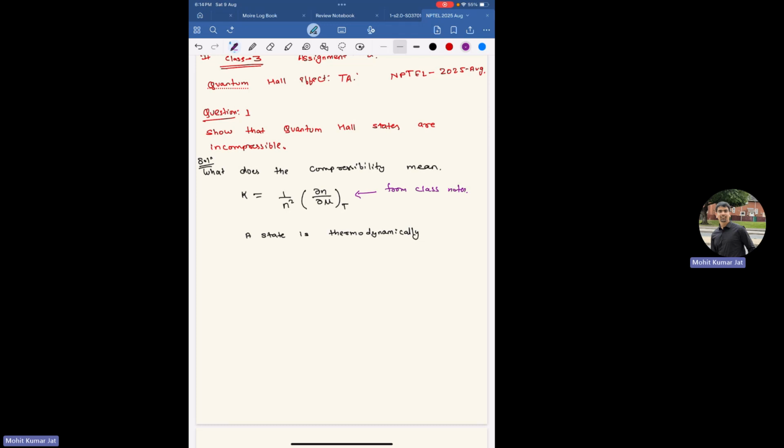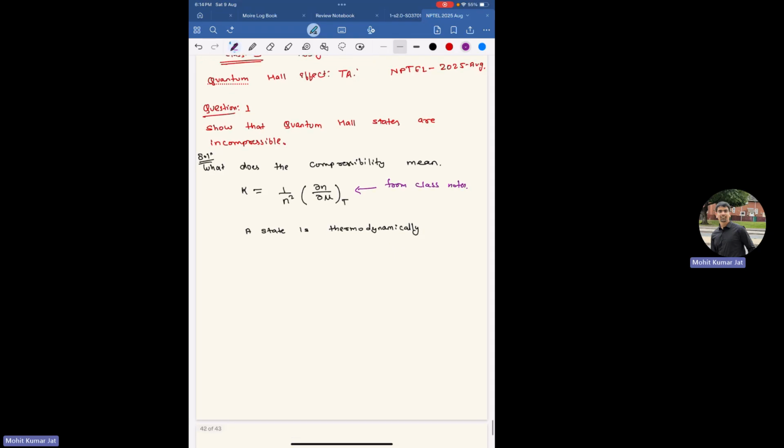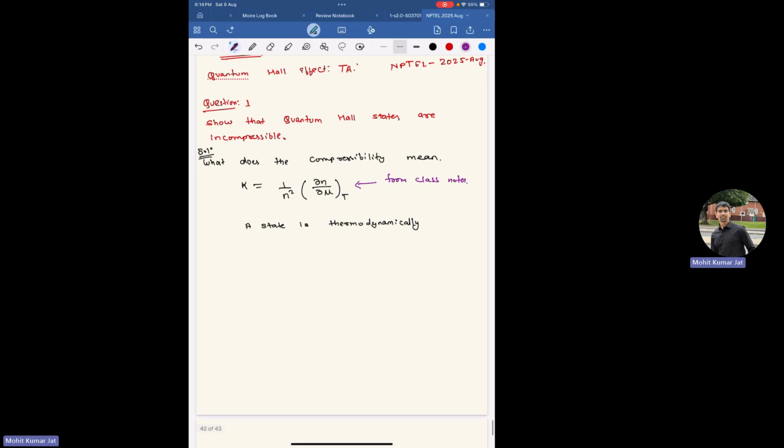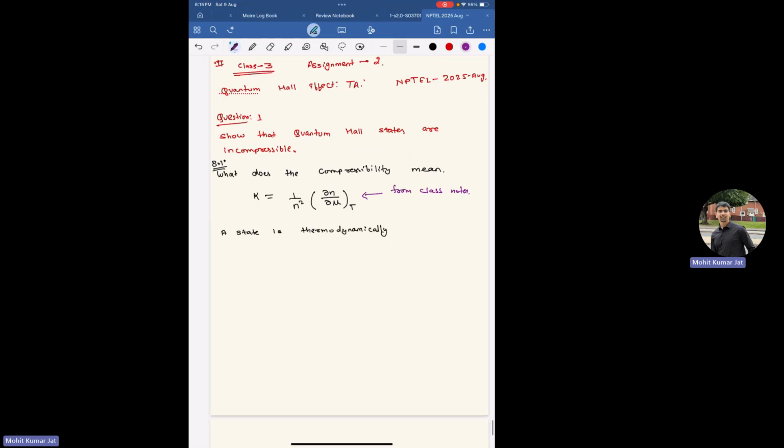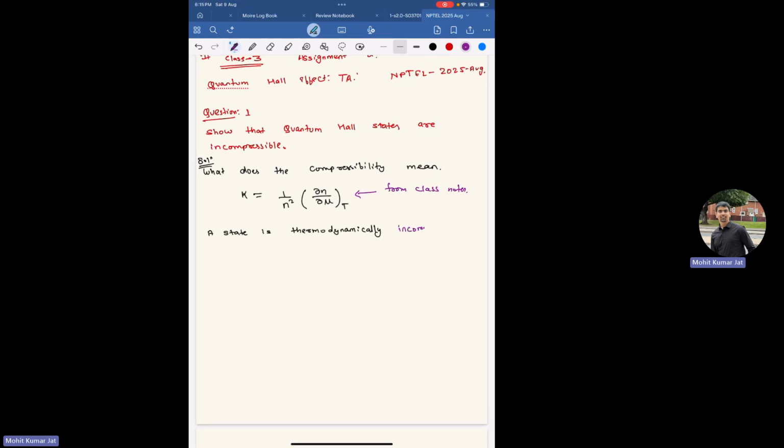And in our case, I'll write down whatever I'm saying. A state is thermodynamically incompressible when the electronic compressibility kappa vanishes or is very small.